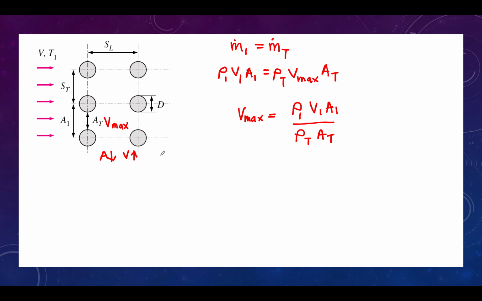Okay, so let's take a look at the area. If this is the cross section of the tube, we can see from the front that the tubes will become like this. We have these kinds of arrangement.